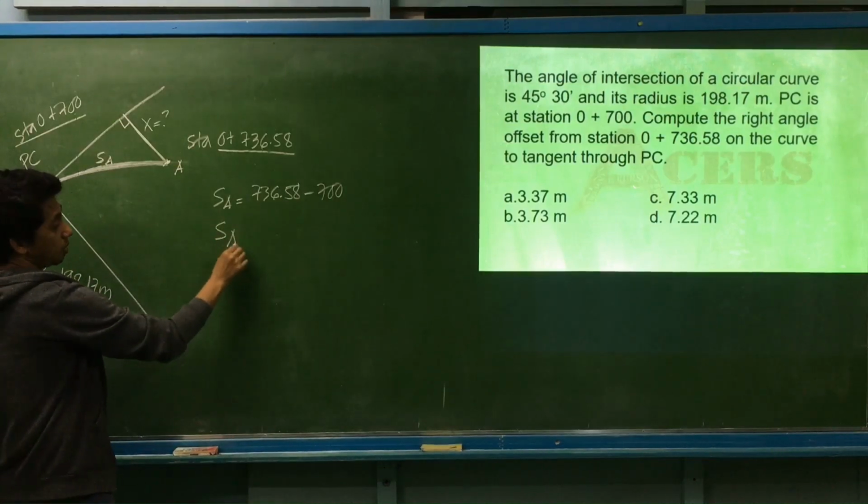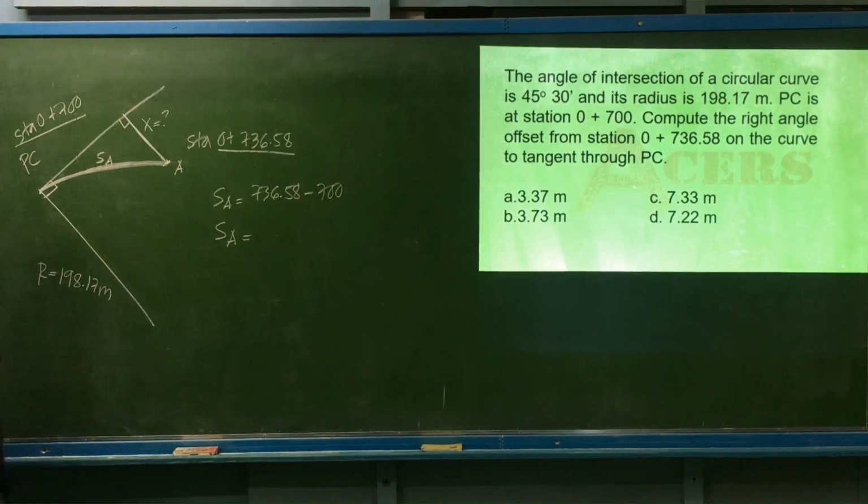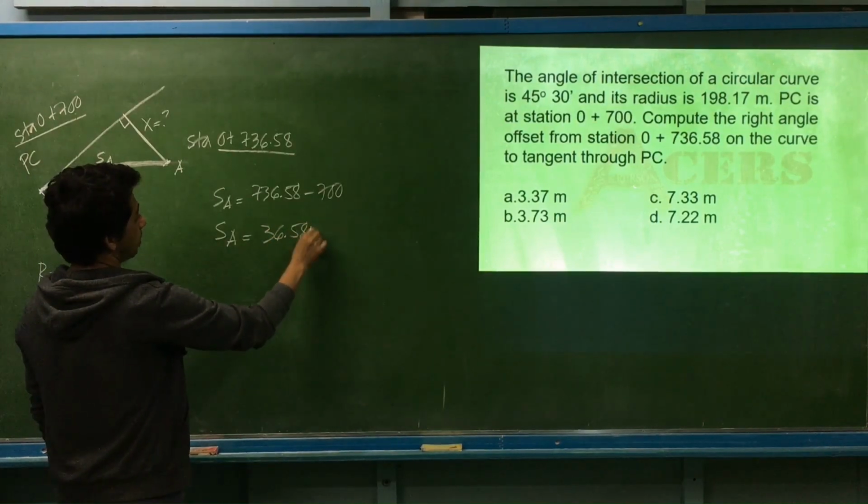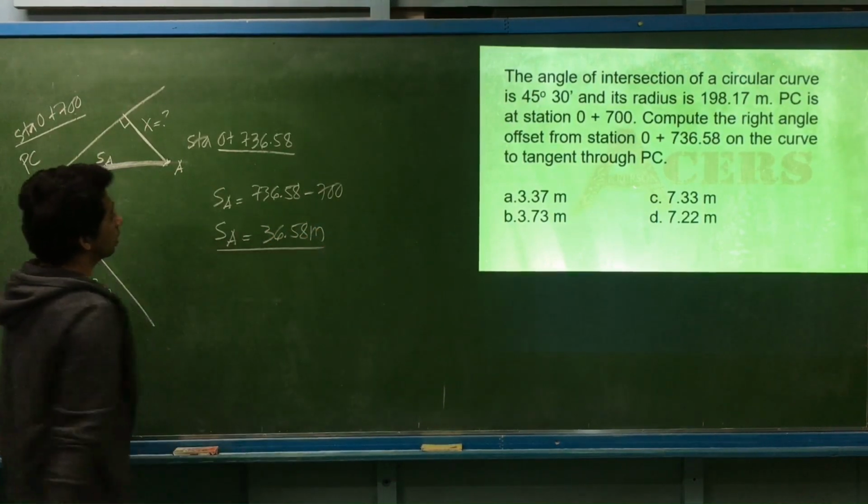So obviously, the arc length from PC to A is 36.58 meters. That is our arc length.